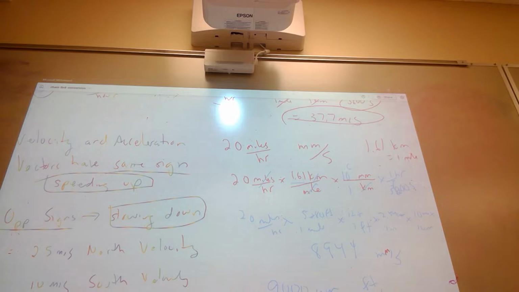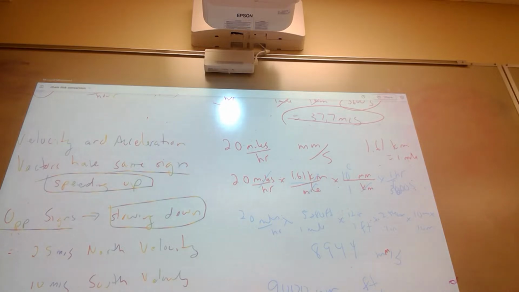Now, you want to have the centimeters in the units. Centimeters has to be over 10 to the 4 micrometers. So 10 to the 4 needs to be down here, 10 to the 4 micrometers in a centimeter.